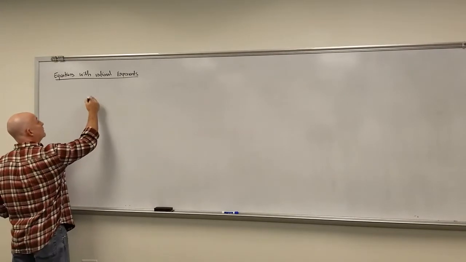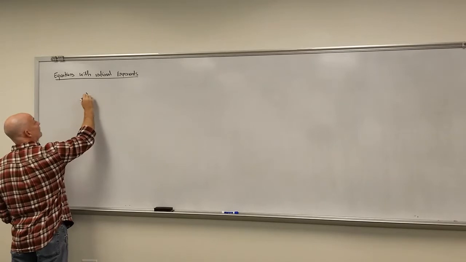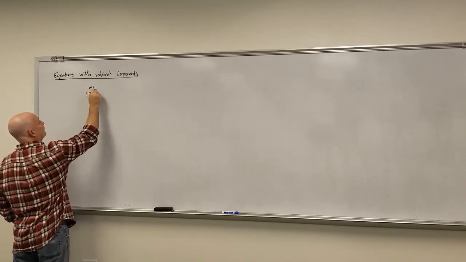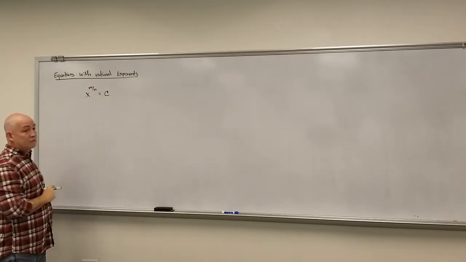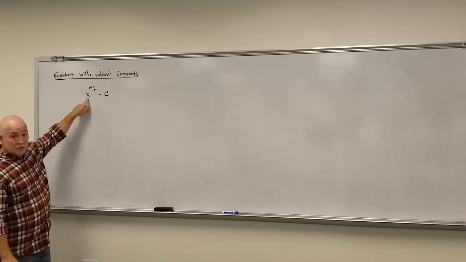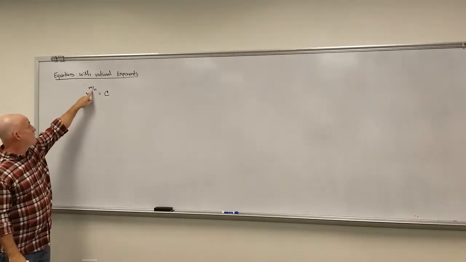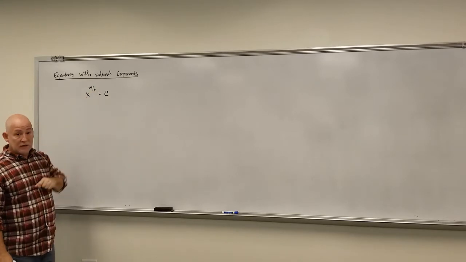We're going to look at equations that can be written in the form of x raised to a fractional power equals a constant. So basically, we only have one term that has the variable with it. It's raised to a fractional exponent, and then everything else is numbers.